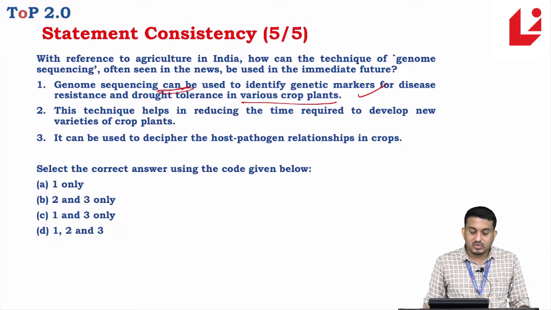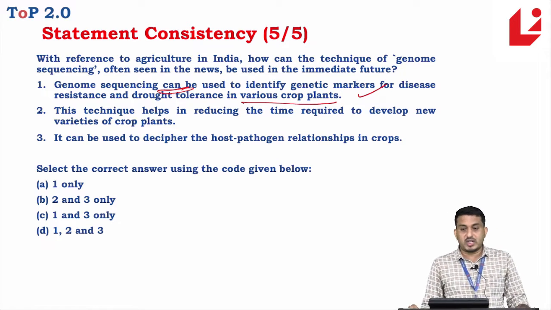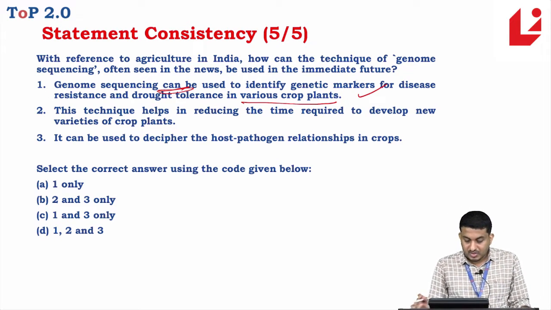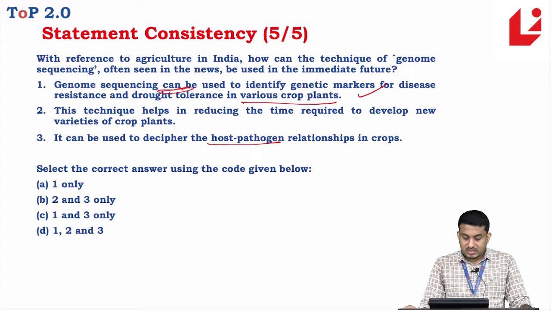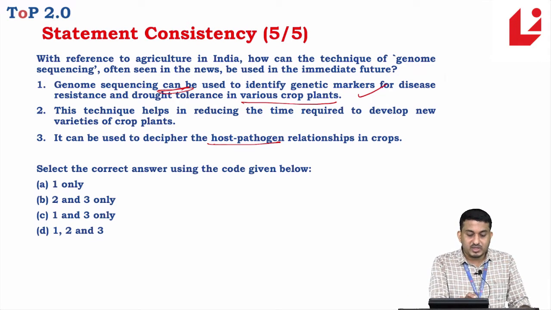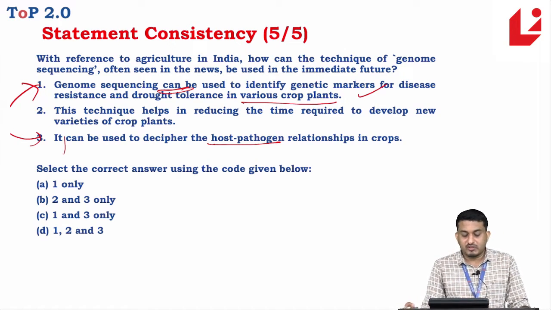Now you read statement 3. It can be used to decipher host pathogen relationship in crops. Host pathogen relationship. Pathogen, disease making. Host pathogen linked with disease resistance. So do you feel any consistency between statement 1 and statement 3? Yes. Getting it? Or it can be used to decipher.